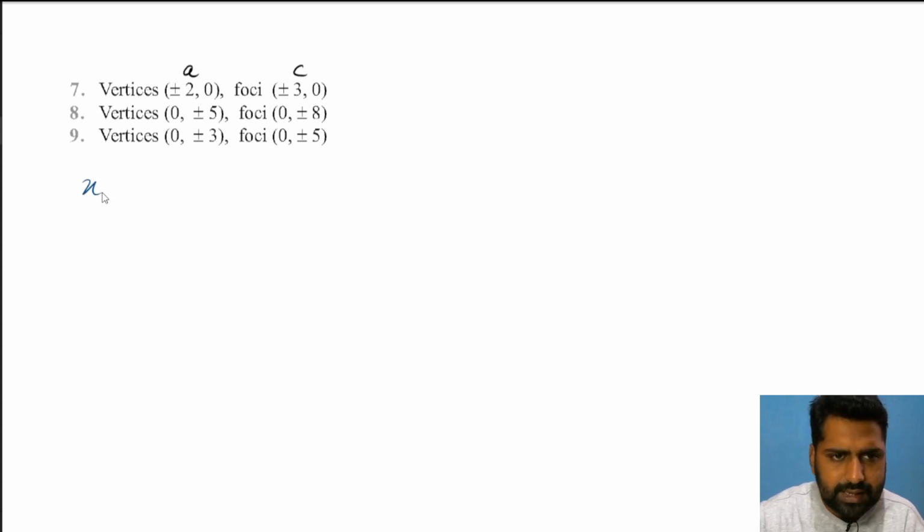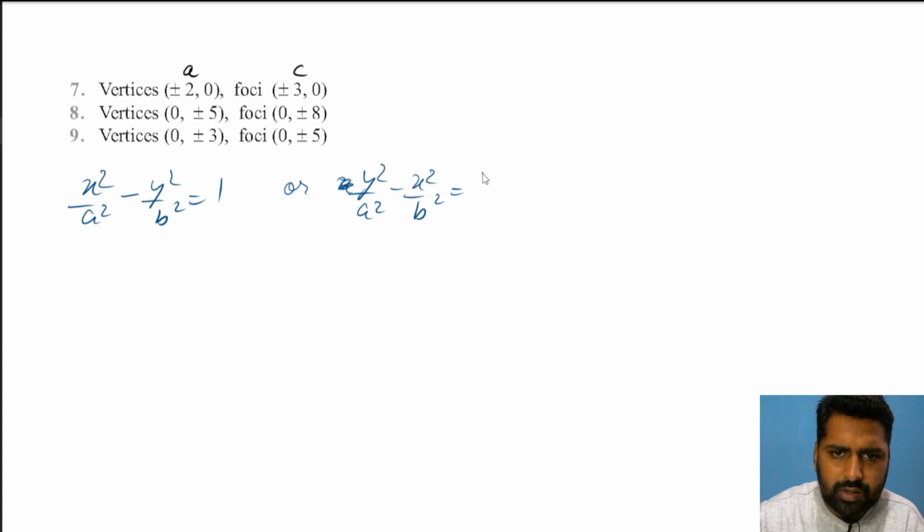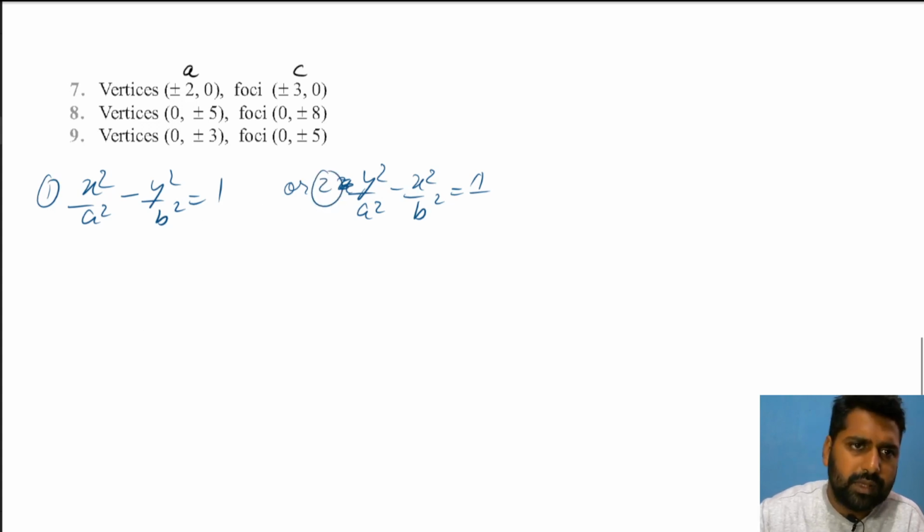We have two options: x square by a square minus y square by b square equal to 1, or we will be using y square by a square minus x square by b square equal to 1. So first thing is decide whether you'll use the first equation or the second one. That will be decided based on where your focus and where your axis is.